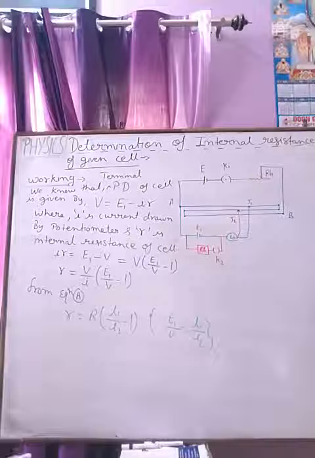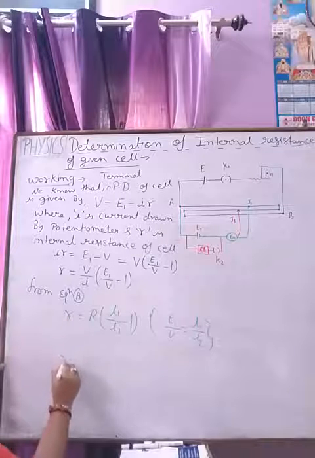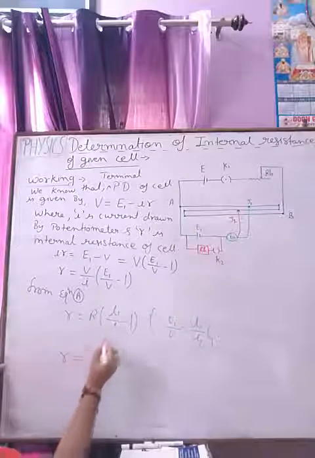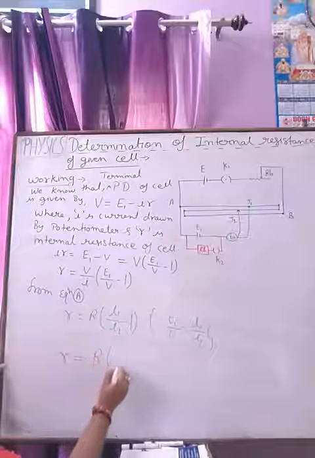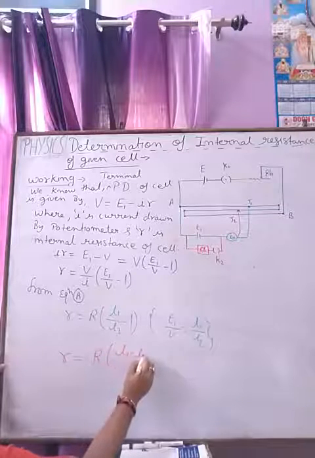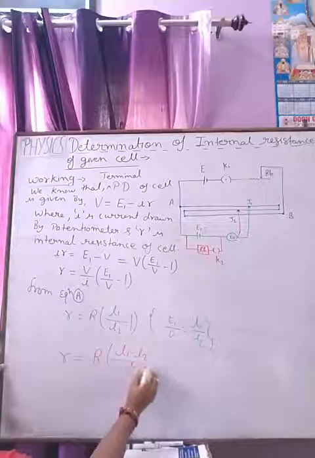Therefore, the internal resistance of the cell is r equal to R multiplied by (L1 minus L2) upon L2.